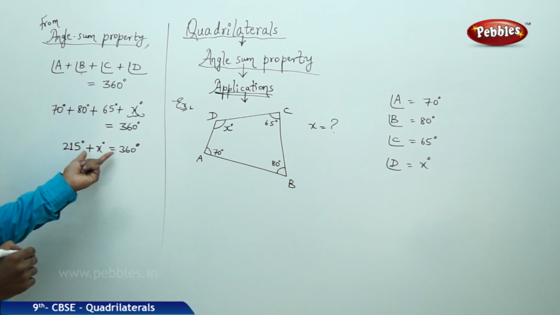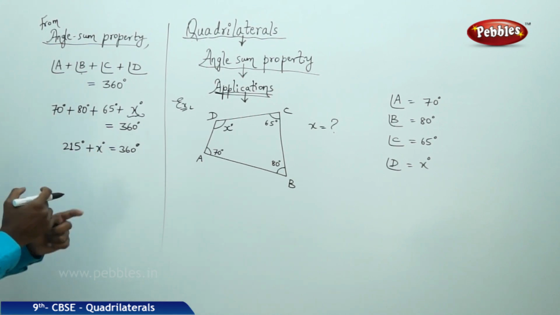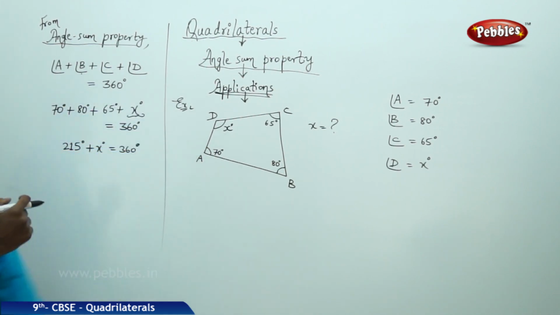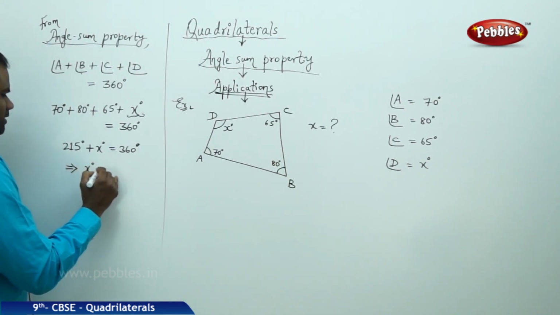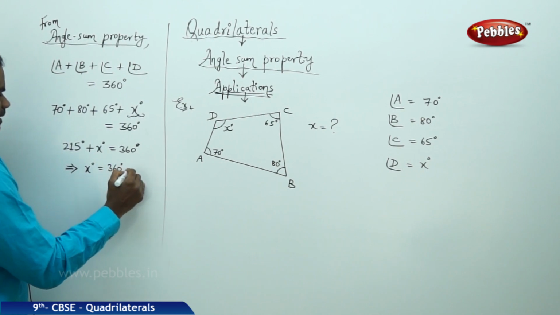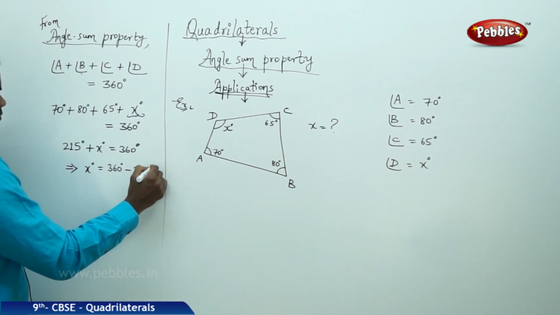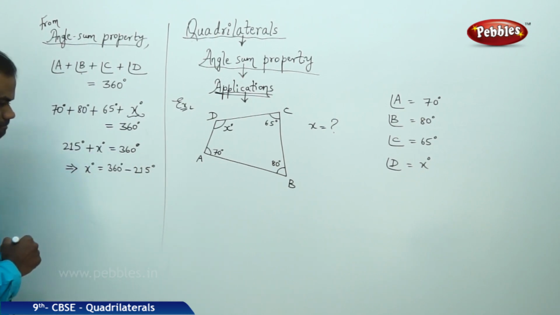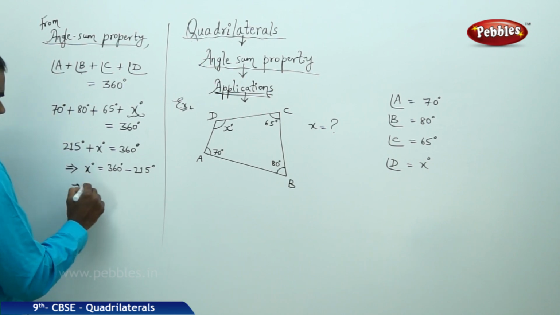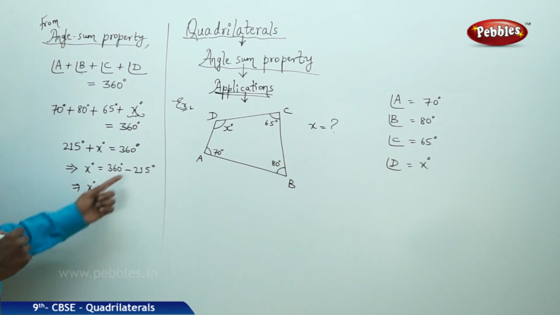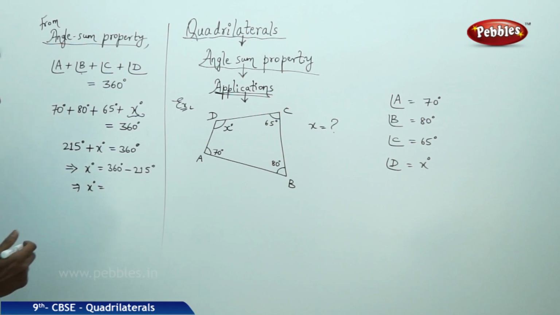Now because I want to find X, I put X on the left side and this is taken to the right, so that this reduces to X degrees equals 360 minus 215 degrees. Next, 360 minus 215 is 145.